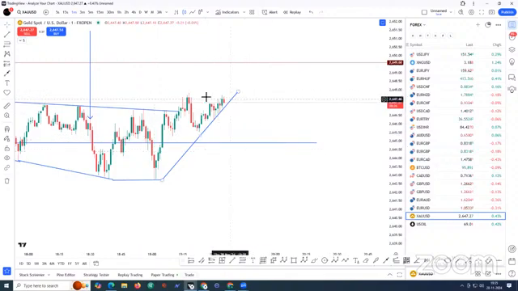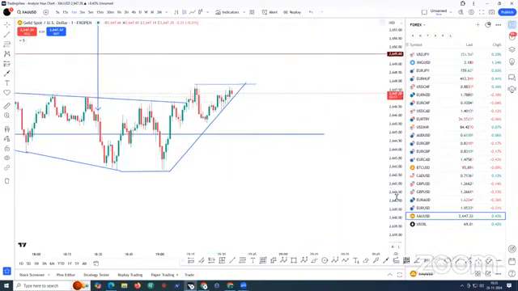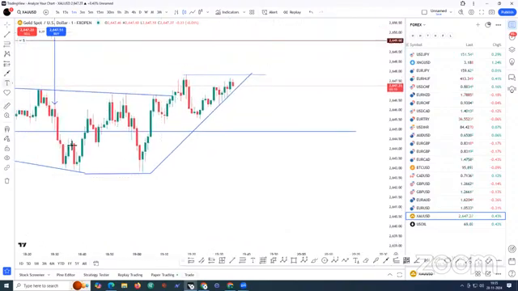Once it comes near the high, at least a smaller change of character will be here. So once it is done, we would like to take a sell call. Otherwise, we'll watch how it goes.